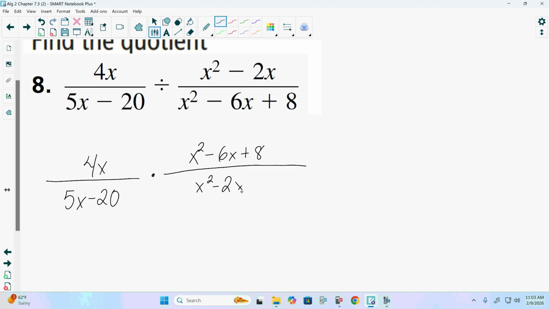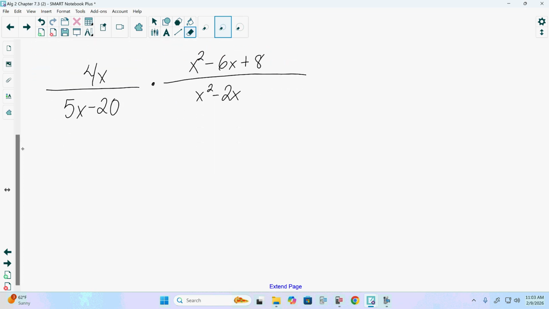Keep, change, flip. I would always do this first just so we keep track of it, we get it set up right, and not try to factor, then go straight to multiplication without changing it.